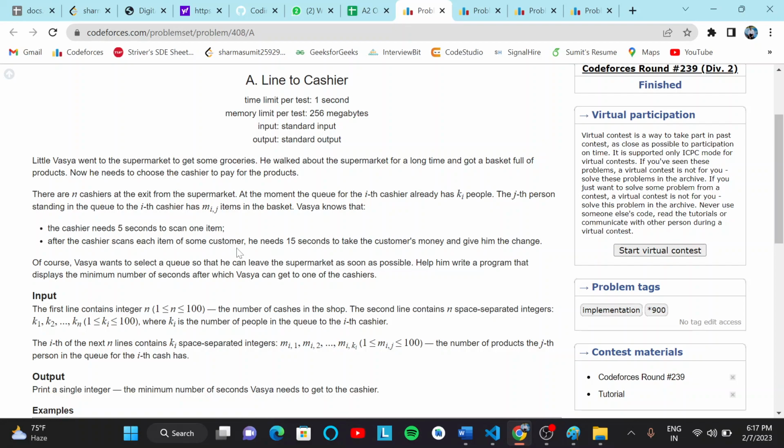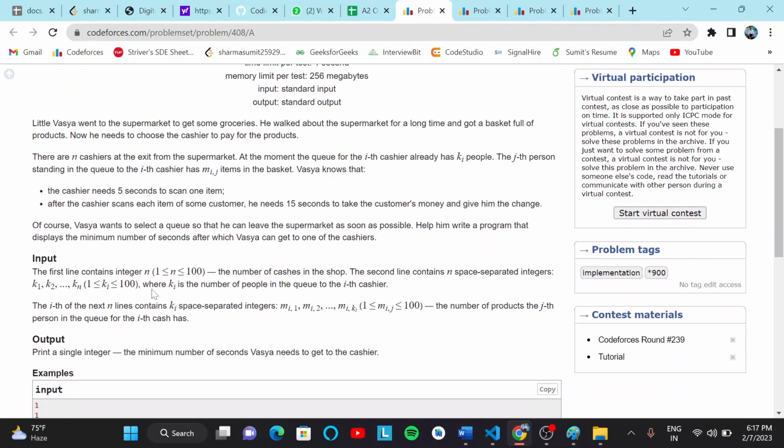of the cashiers. Input: the first line contains integer n, the number of cashiers in the shop. The second line contains n separated integers k1, k2, ..., kn, where ki is the number of people in the queue to the ith cashier.